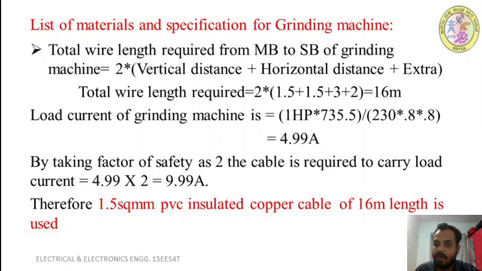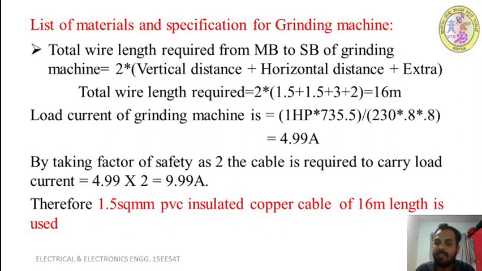Then it has to go through the horizontal run, and next I have to vertically drop it to bring it back to the 1.5 meter level, because I am placing the switchboard of the grinding machine at 1.5 meter from the floor level. So 1.5 meter is the vertical rise at the main board, and 1.5 meter is the vertical drop at the end, at the switchboard of the grinding machine.